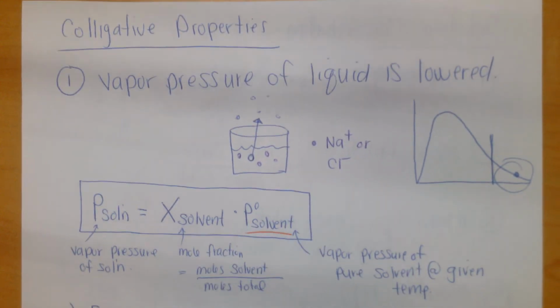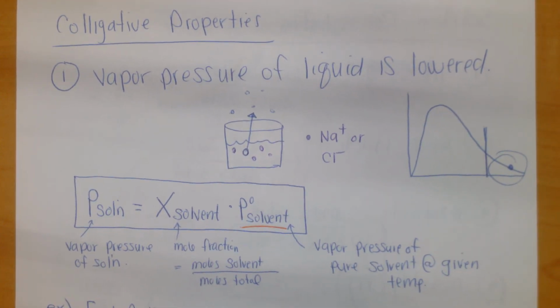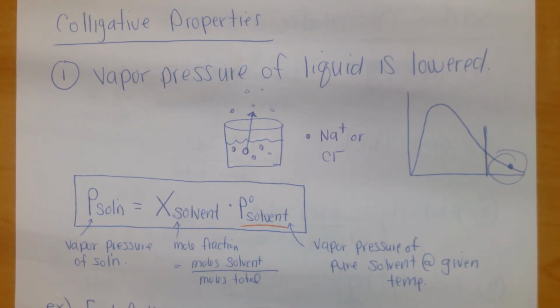All right, so the next part of this chapter looks at what are called colligative properties. Colligative properties are just looking at what has changed for a particular pure solvent now that we've added a solute to it.